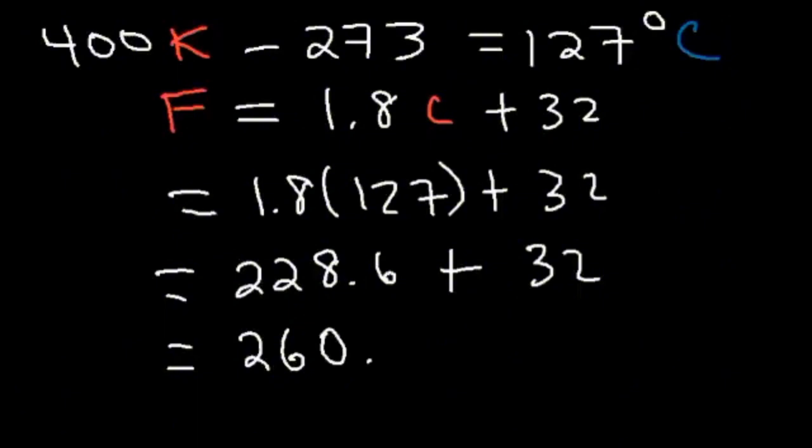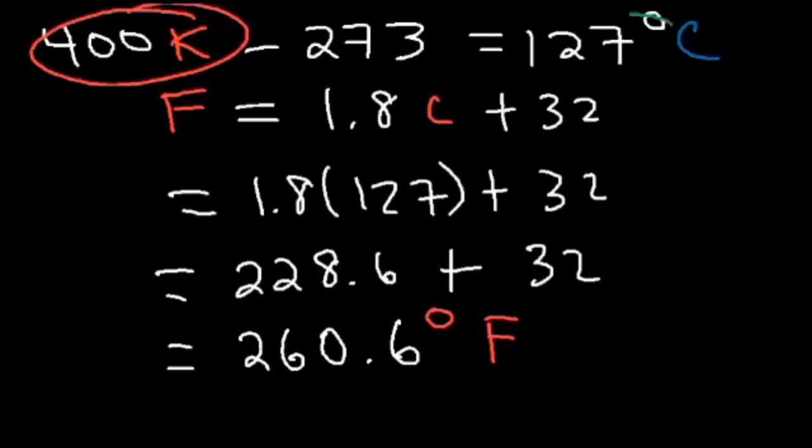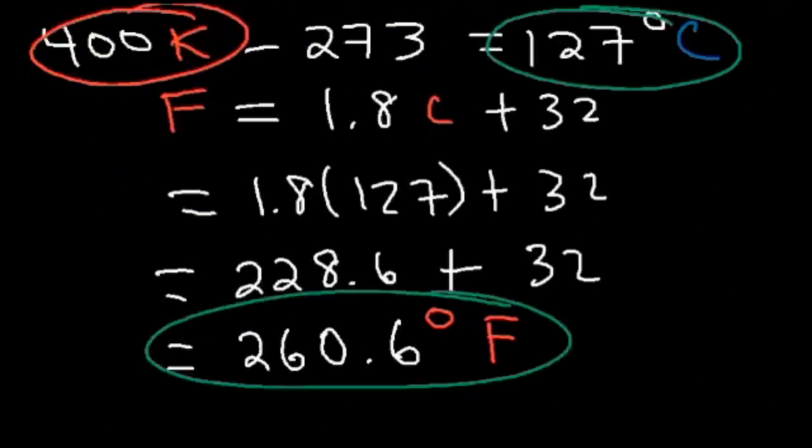So this is equal to 260.6. So that's the Fahrenheit temperature. So 400 Kelvin is equal to 127 degrees Celsius, which is equal to 260.6 Fahrenheit. So as you can see, these problems are not that difficult.